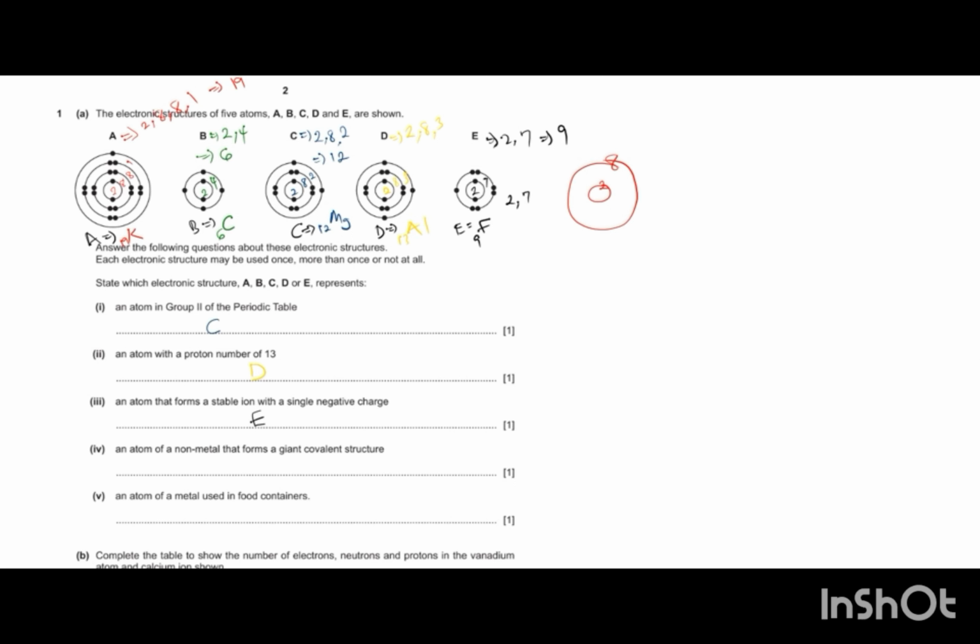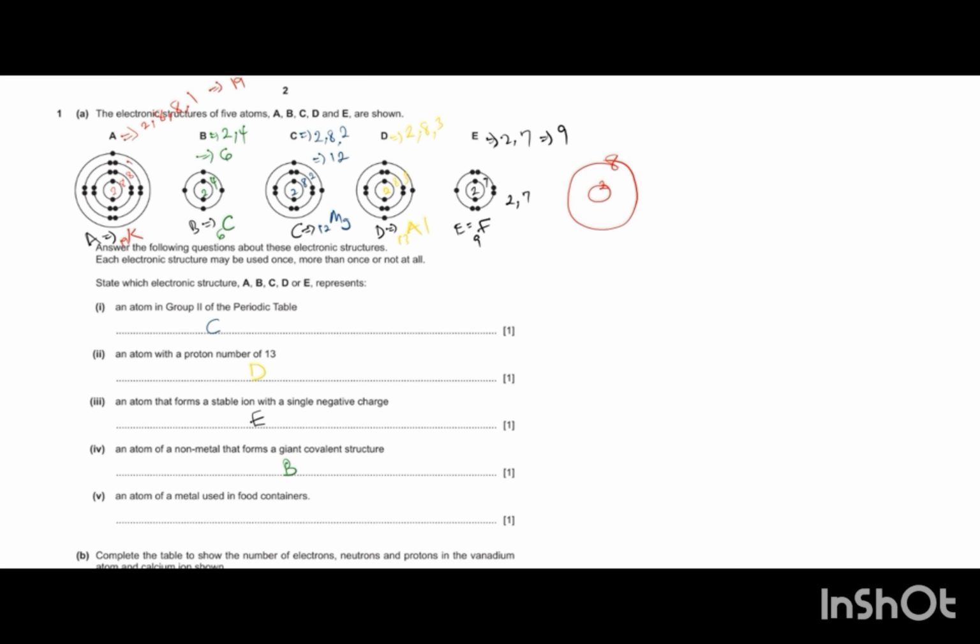So carbon is B. You have to represent it as B, don't write carbon, please. They didn't ask us to write carbon, they just use the letters A, B, C.